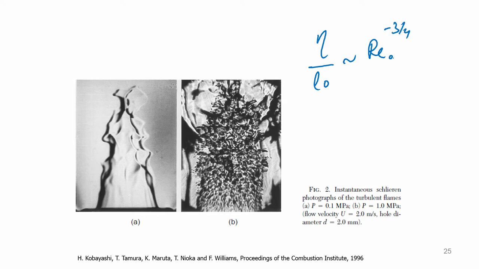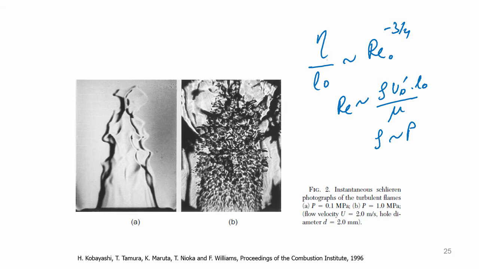And Reynolds number is essentially rho U RMS, U prime, times L0 divided by mu. So if mu does not change much with pressure, and U prime and L0 also do not change too much with pressure, but rho is directly proportional to pressure at a fixed temperature, the Reynolds number directly increases with pressure.